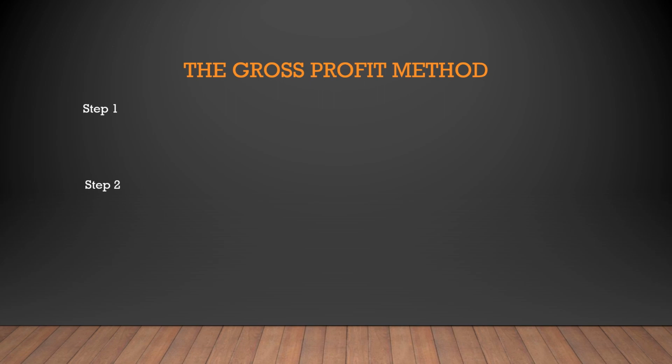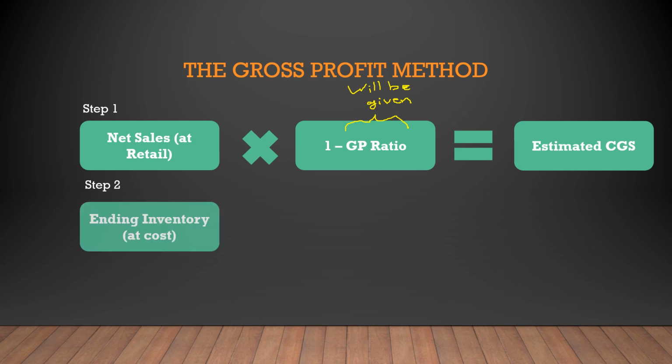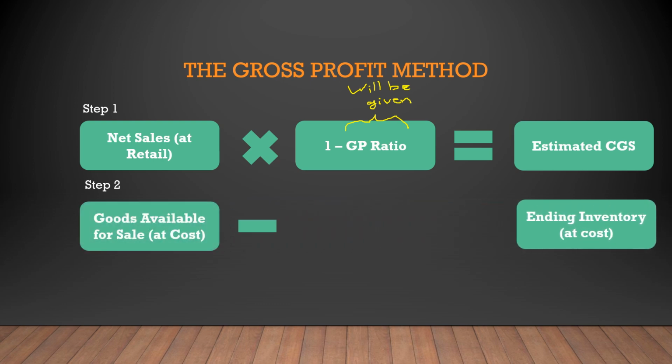This method will be used when we have everything but cost of goods sold. With step 1, we need to estimate cost of goods sold, and we can do so by multiplying sales in retail dollars by 1 less the gross profit ratio. In step 2, we calculate ending inventory at cost by reducing cost of goods available for sale by the estimated cost of goods sold in step 1.